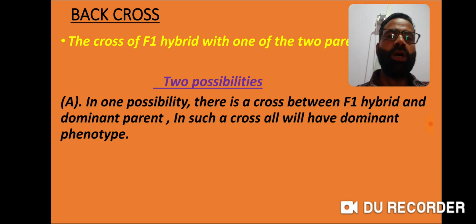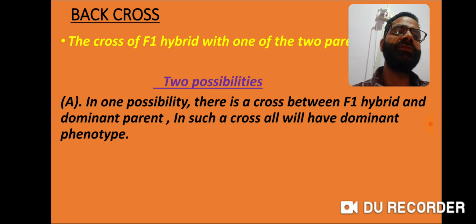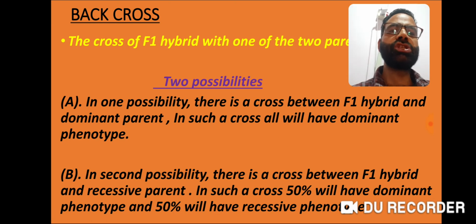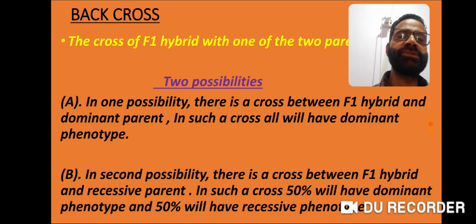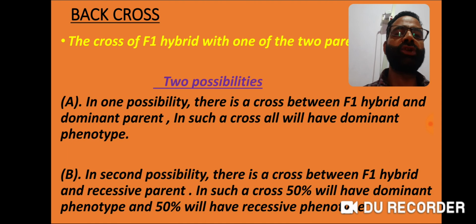In one possibility, if there is a cross between the F1 hybrid and the dominant parent, all the offsprings will have the dominant phenotype, while in the second possibility, if there is a cross between the F1 hybrid and a recessive parent, 50% of the offsprings will have the dominant phenotype, while 50% will have the recessive phenotype.